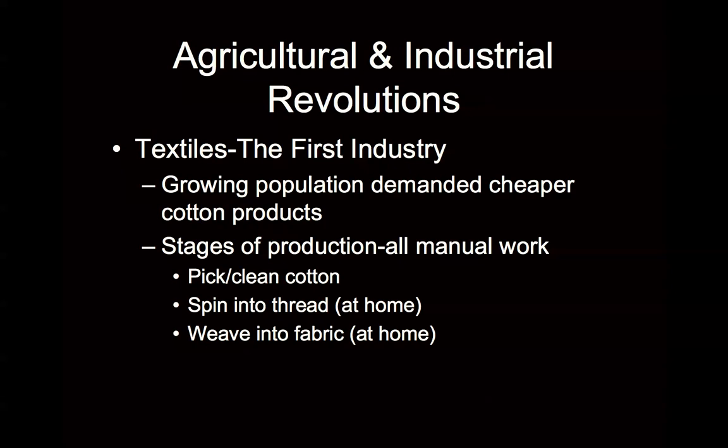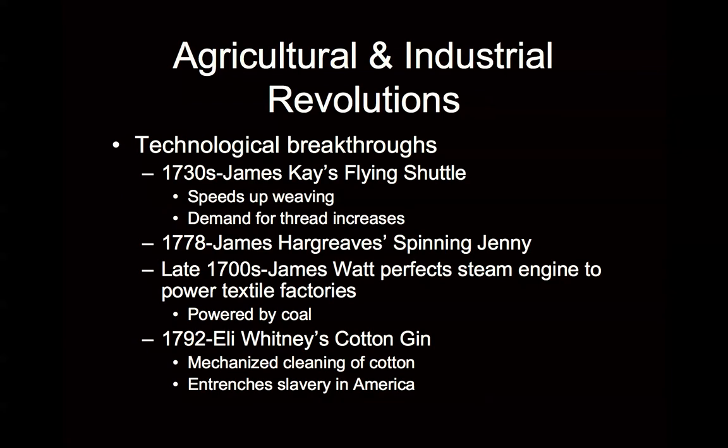But cotton was expensive to make by hand. It had multiple stages. You had to pick and clean the cotton from the ground, spin it into thread, and then weave it into a fabric, all of which is done slowly and by hand. And so production was stuck, but there was a growing demand for cotton.